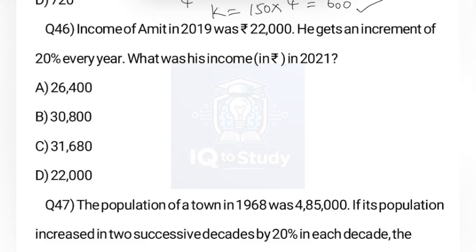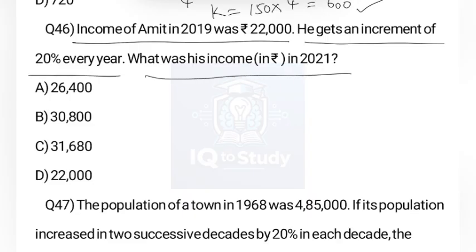Income of Amit in 2019 was 22,000. He gets an increment of 20% every year. What was his income in 2021?